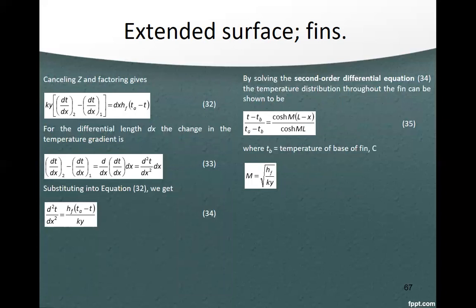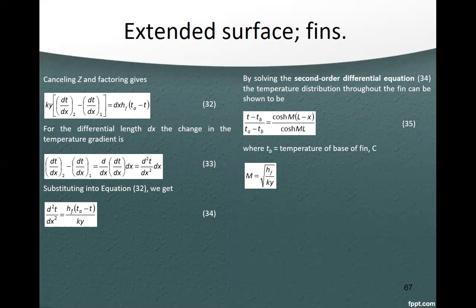And cancelling Z and factoring gives KY times (derivative of T with respect to X at 2 minus derivative of T with respect to X at 1) is equal to dx times h sub F times (T sub m minus T sub F).